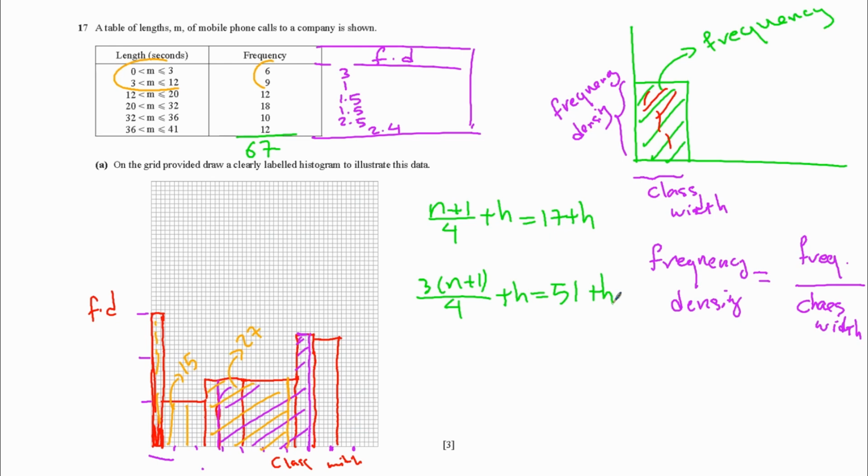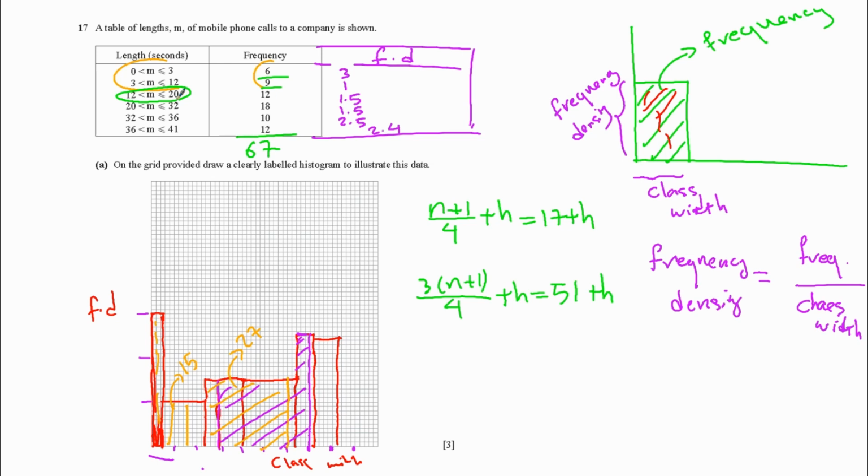So for the 17th data in here, we have 6 in here and 9 in there, which would be 15. So the 17th is within this class between 12 and 20. Between 12 and 20 is a width of about 8, and we have 12 frequencies.